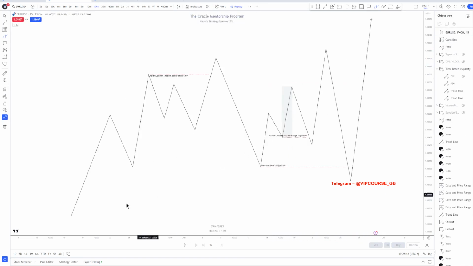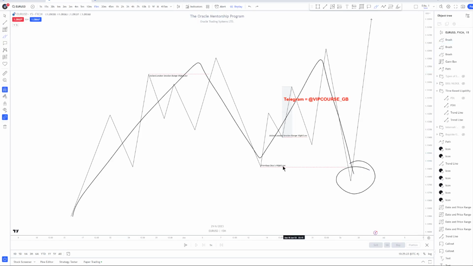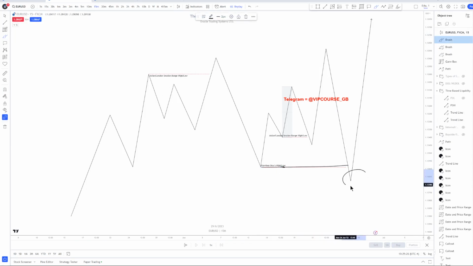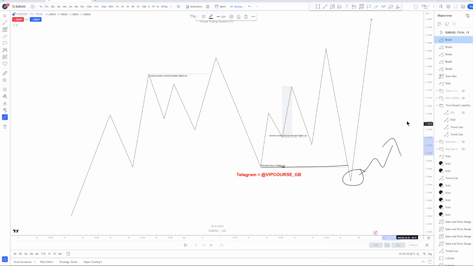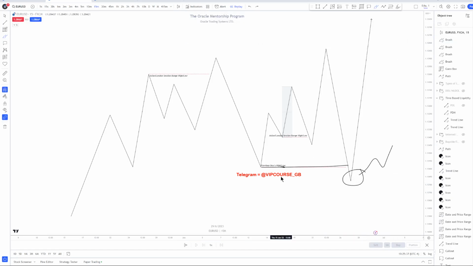On the opposite side, if we expect higher prices, we can view the previous daily low as an area of liquidity. If we hit that area of liquidity and we start to see signs of a reversal, we can then ride that momentum or ride that order flow as we come take out a high.